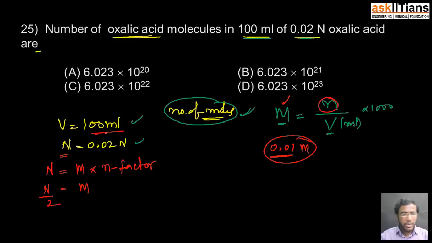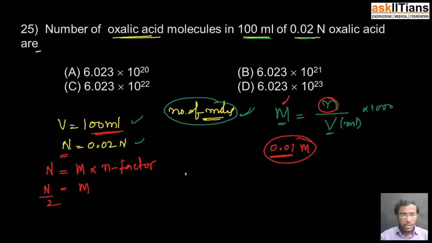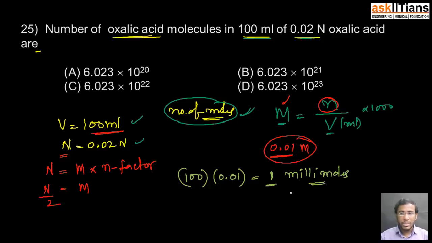The volume is 100 ml. So 100 into 0.01, which is 10 power minus 2, gives 1. This 1 is actually millimoles, not moles, since you are taking the volume in milliliters.